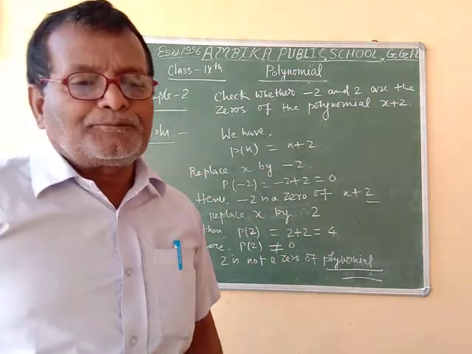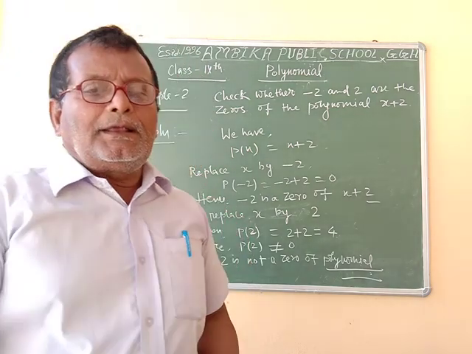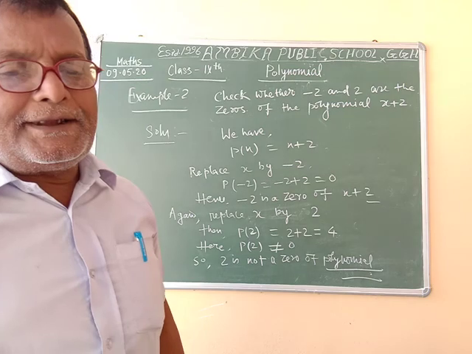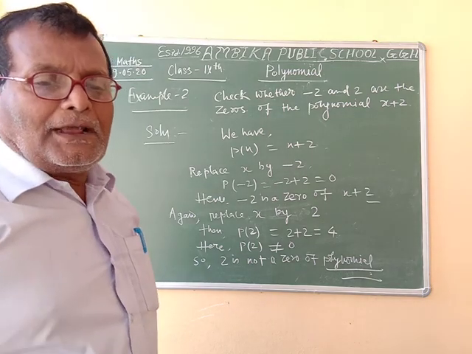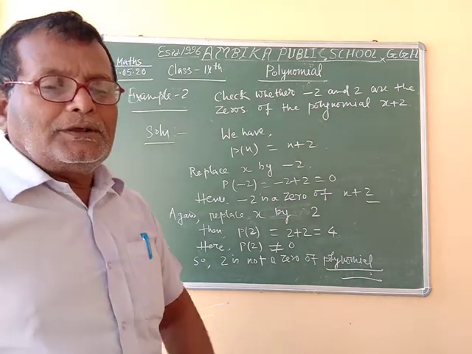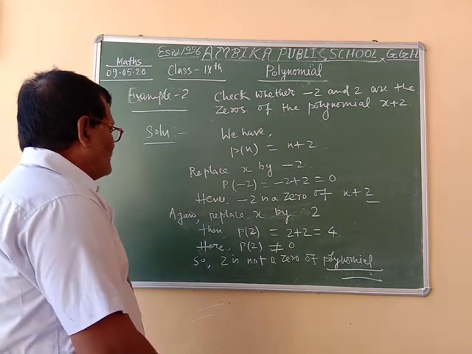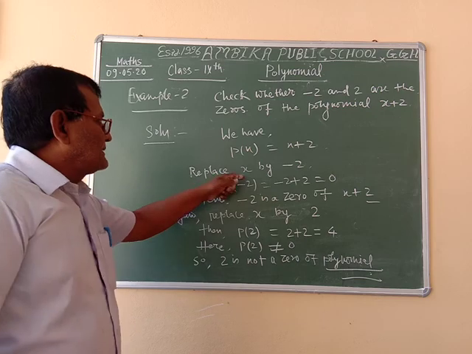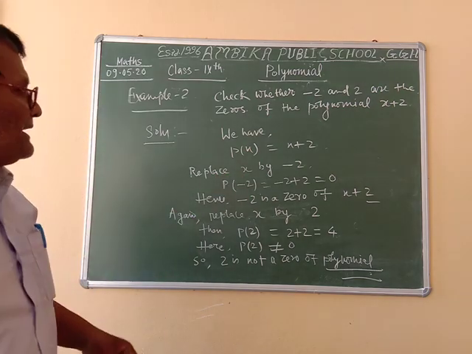In this way, if you have to find a zero of the polynomial, I have told you that to find the zero of a polynomial, you replace x by the given number.